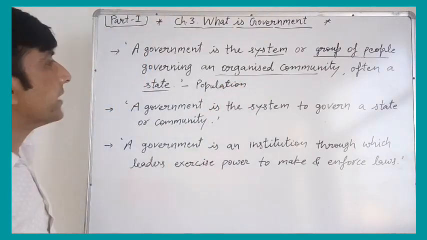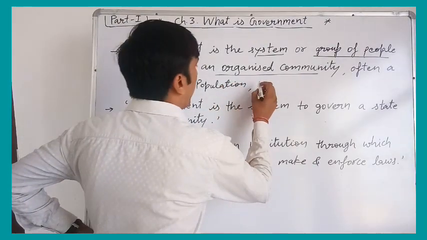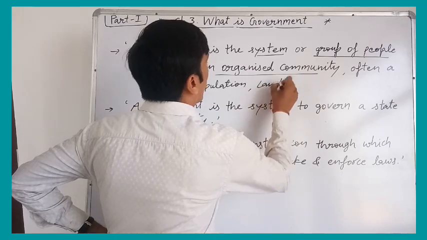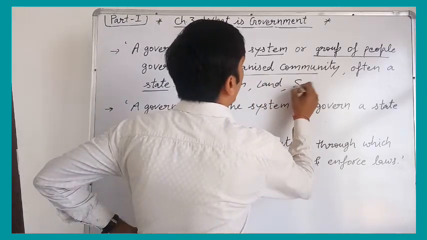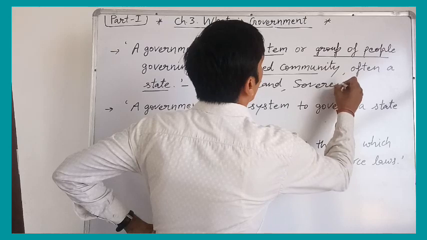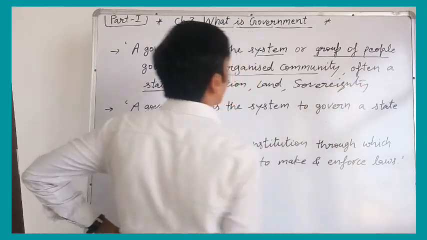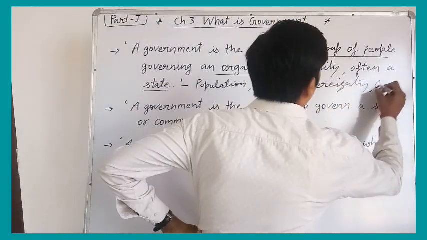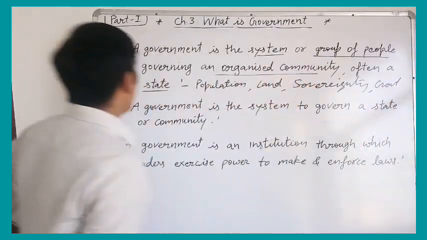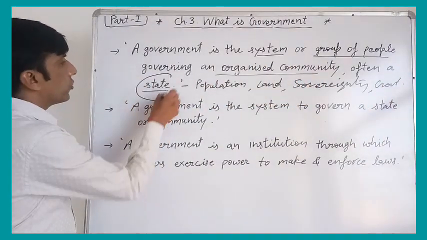State is having population and territory or land and sovereignty and the government. Clear? Government. There are four elements of state.